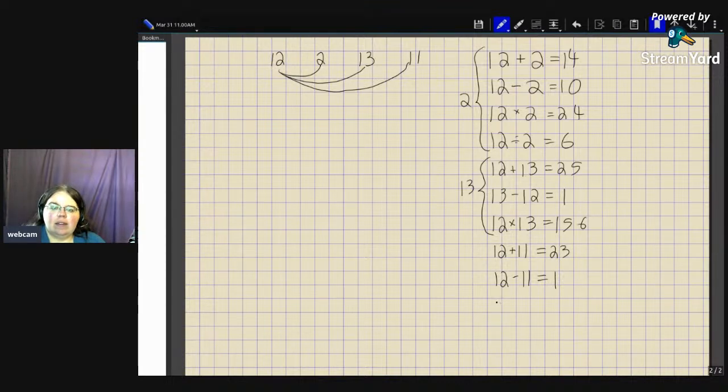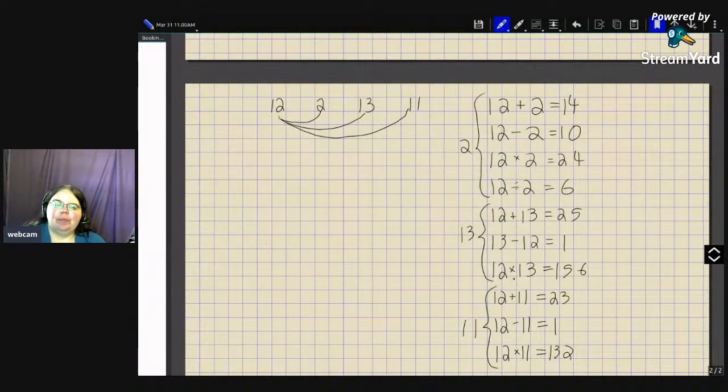Let's see. 12 times 11 would be 132. And again, I don't think the division is going to be helpful. So if we had 12, 11, 12, 11, we could just get it by doing that. But that is not our assigned problem here.